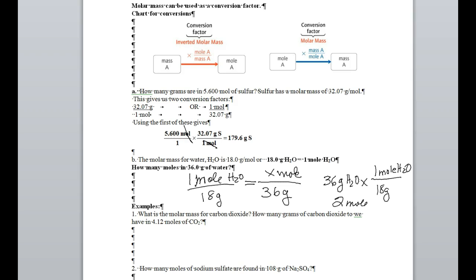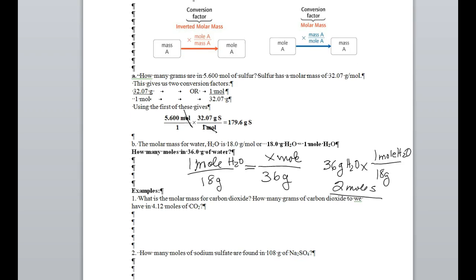I'm going to end up dividing 36 by 18 and coming up with 2 moles of water. Okay, so this is not too bad. All right, let's go to the next example.